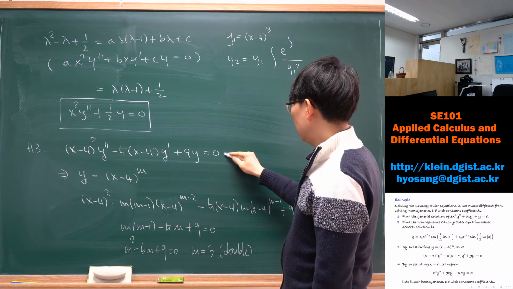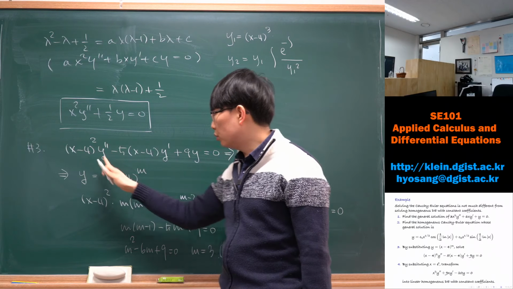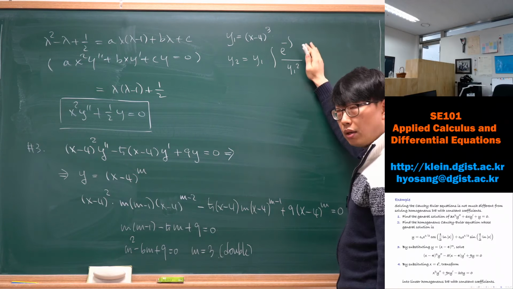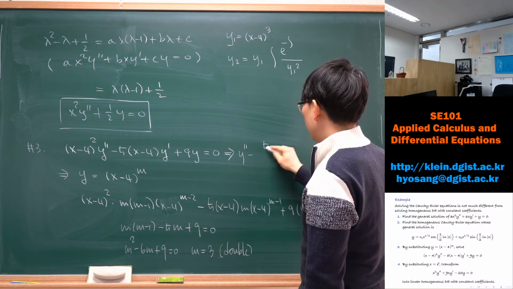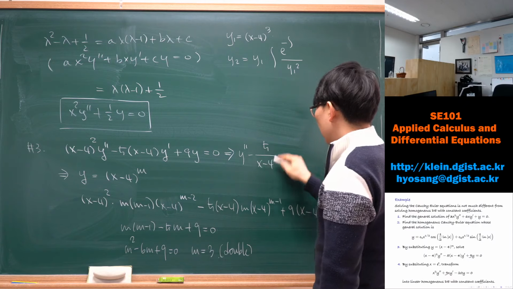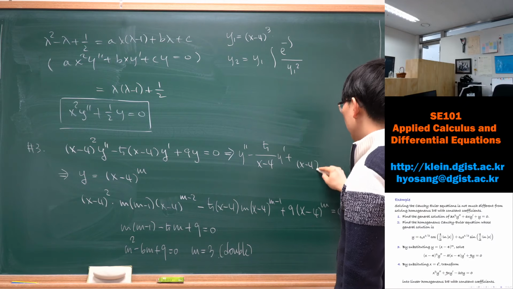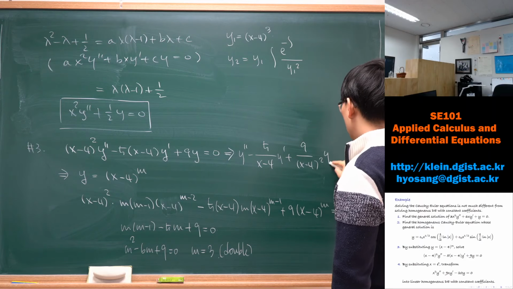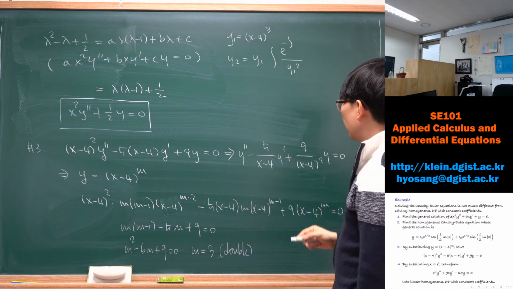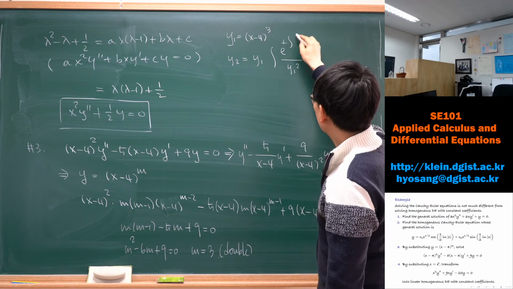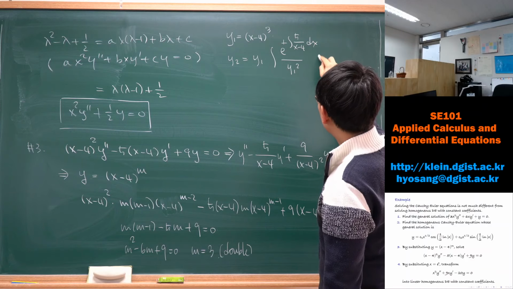So you have to make your coefficient of y double prime into 1 so that you can plug in p correctly. So y double prime minus 5 over x minus 4 y prime plus 9 over x minus 4 squared y equals 0. So this is p. So minus 5 over x minus 4 is p. So we have plus 5 over x minus 4 dx.